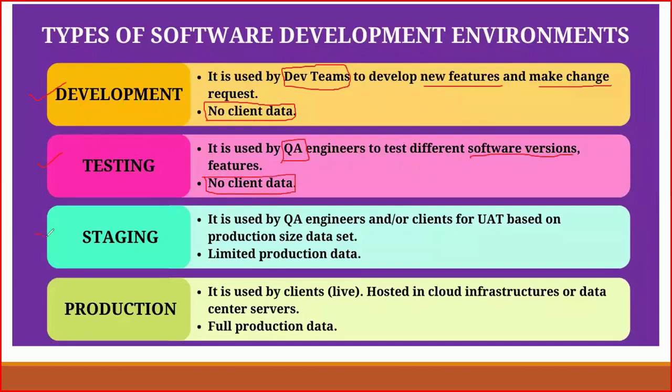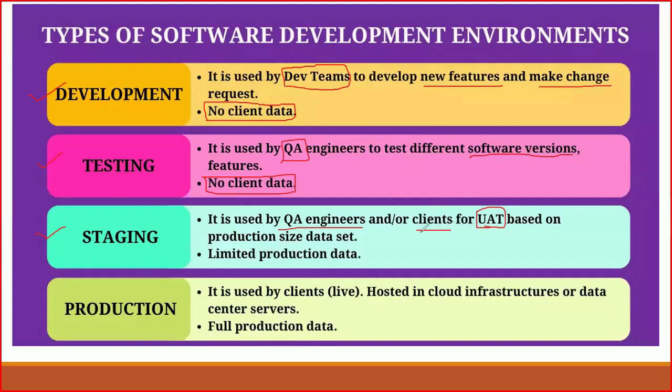And the next environment that we need to know is the staging environment. This is also going to be used by the QA engineers or clients for UAT testing. UAT is nothing but user acceptance testing. Generally, once the application got developed and tested, we need to show that application to the clients to get the final approval.